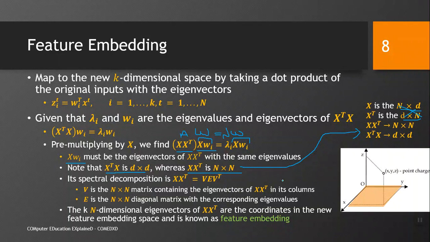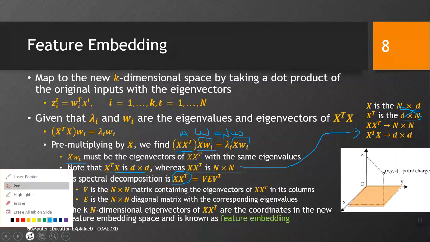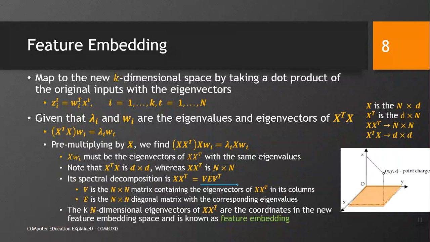So we will get a d cross d dimension matrix. If we perform the spectral decomposition of this covariance matrix, which is diagonalized, it gives us this result, V E V transpose, where V is the n cross n matrix containing the eigenvectors of x x transpose in the columns, and E is again an n cross n matrix which contains the corresponding eigenvalues.